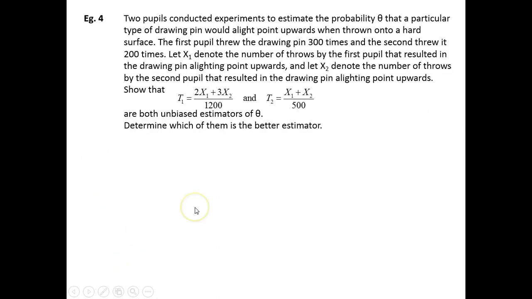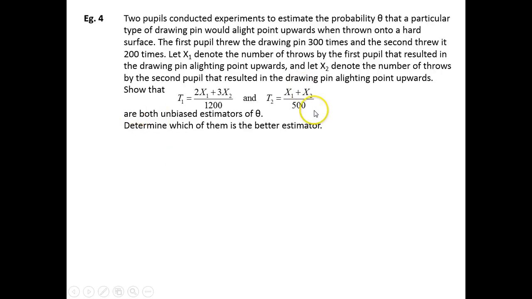Example 4. Two pupils conducted experiments to estimate the probability theta that a particular type of drawing pin would alight point upwards when thrown onto a hard surface. The first pupil threw the drawing pin 300 times and the second threw it 200 times.